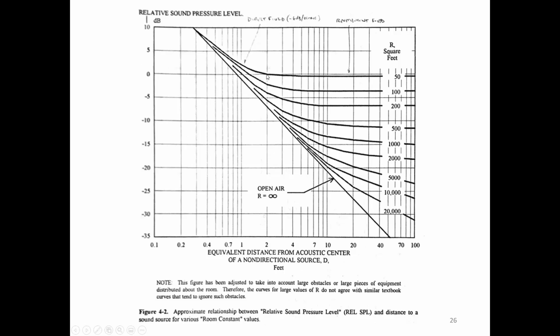So with 50 Sabins, if we were twice as far away, basically there'd be no reduction. But if we had 100, we'd maybe have 2 decibels reduction at 15 feet. If we had 200, we'd have maybe 4 decibels reduction at 15 feet. Hopefully that's clear.